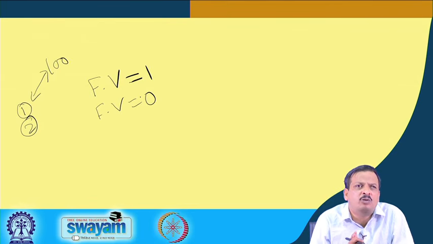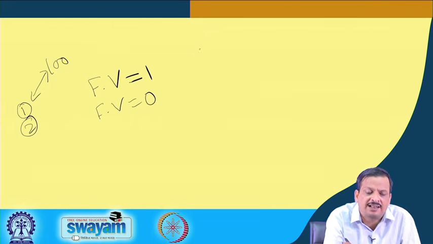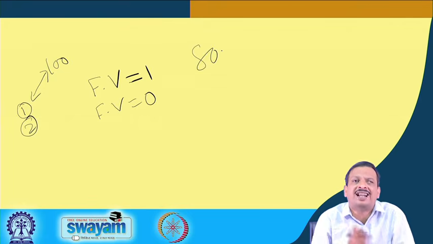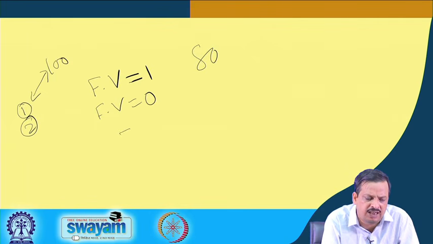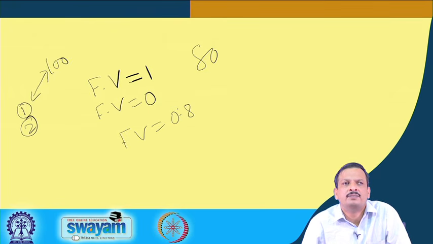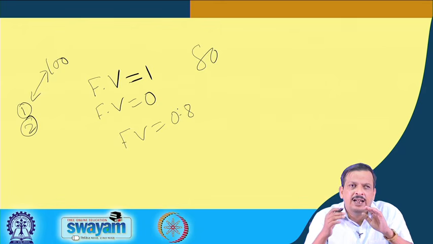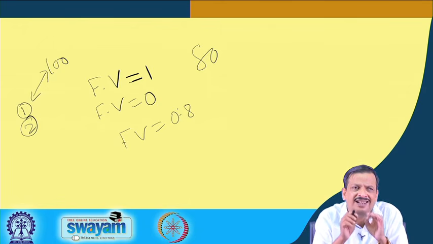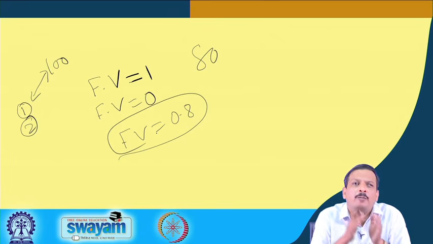Now, how do we calculate this facilitation value in general? Suppose in 100 students, if 80% students give correct answer, 80 students give correct answer, should I consider the facilitation value is 0.8? Now, why is it not considered 0.8, what is the problem in here?